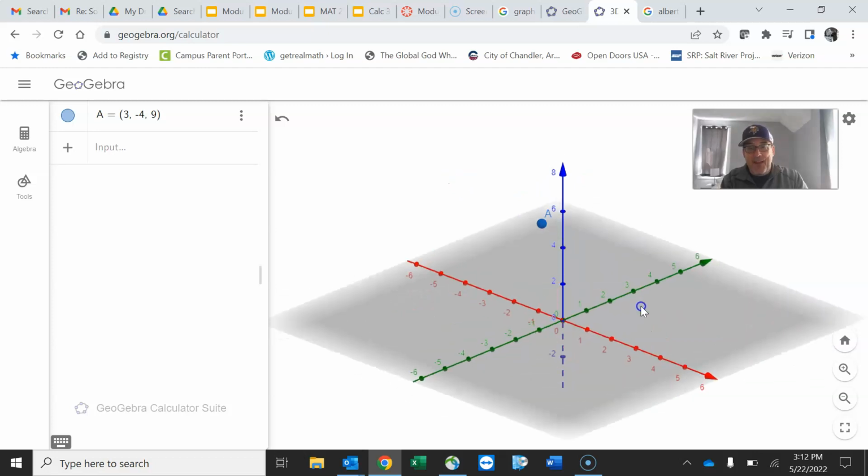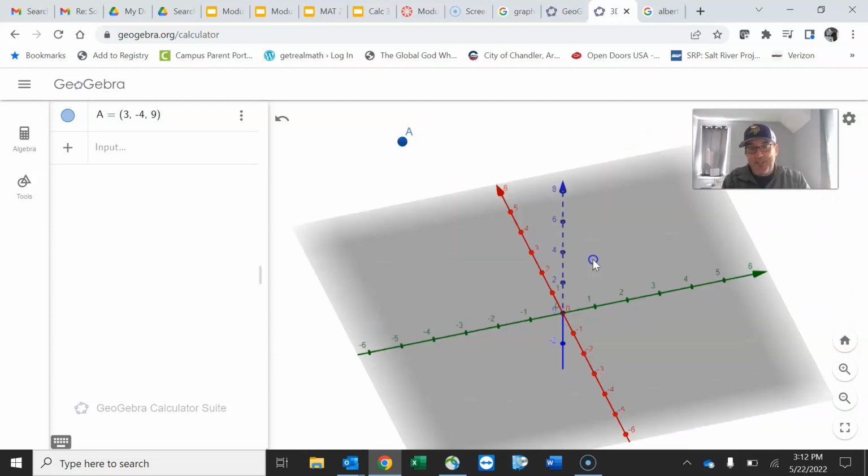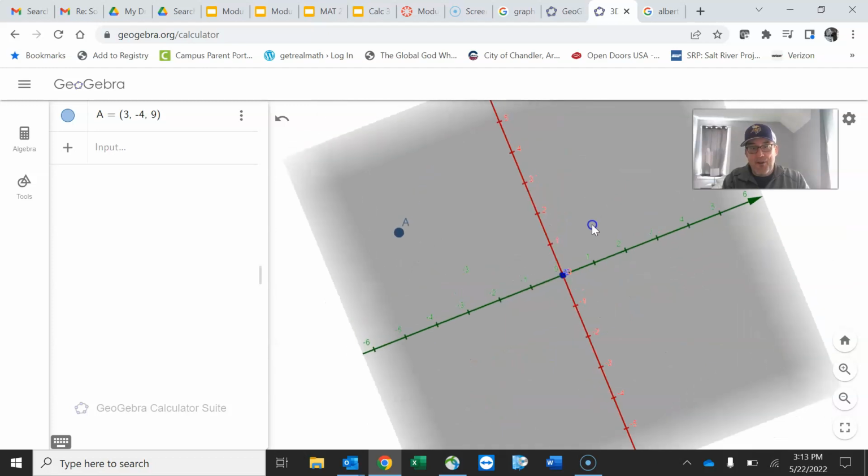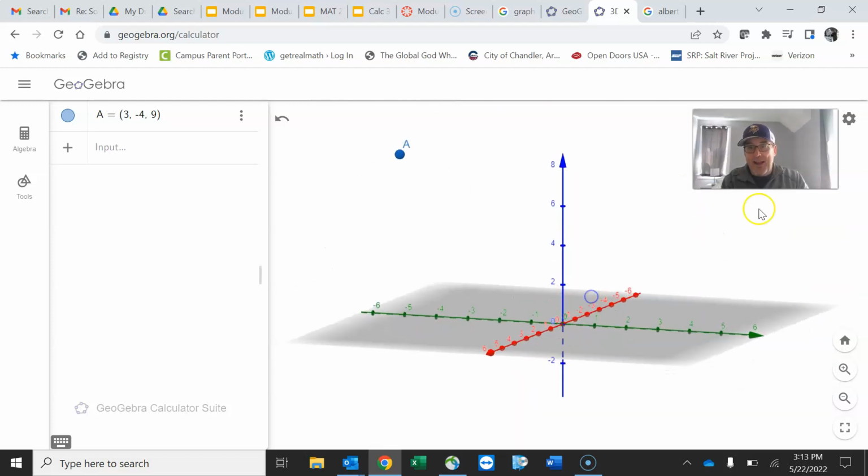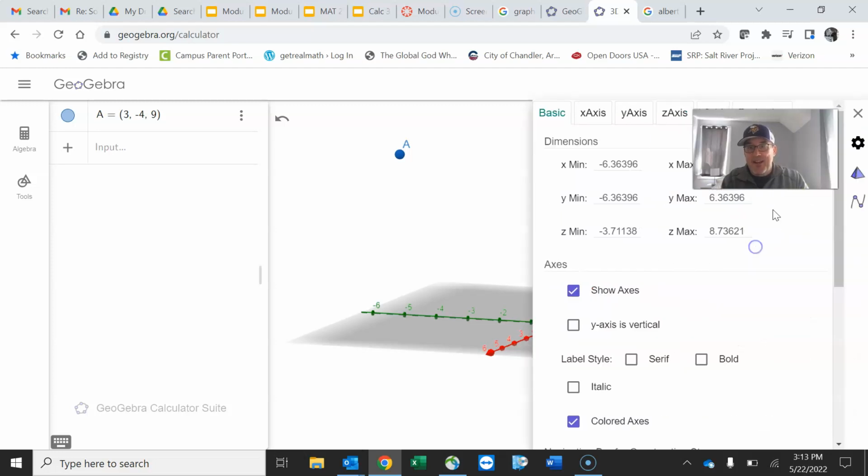Now, one little trick I've learned is when you're working with this, pretty soon you go, oh wait, where did it all go? I can't remember which axis is which. We'll come here to the gear and go to settings.